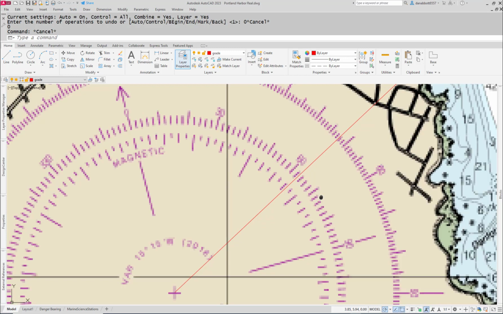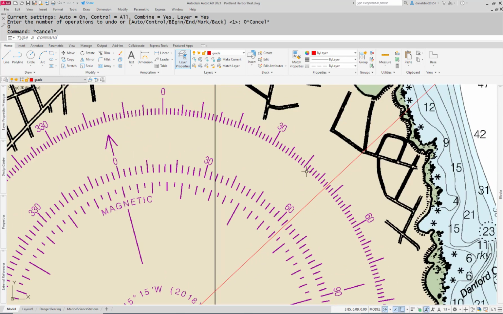Now you look out here on the outer rim of the compass rose. This is reading true. The one inside is reading magnetic. We have 30, but again, check and see what each of these marks must mean. If that's 30, 40, 50, so it's 40 degrees to here.